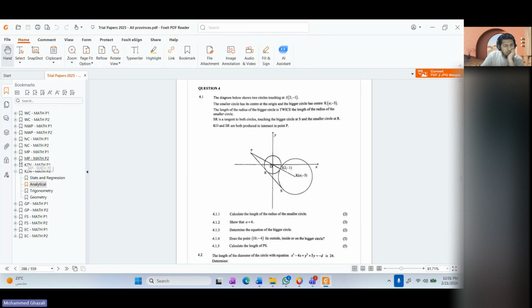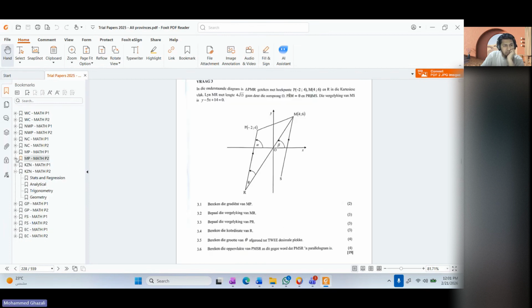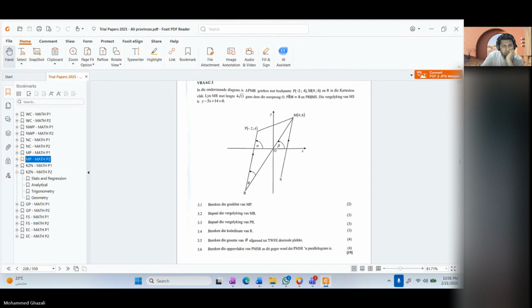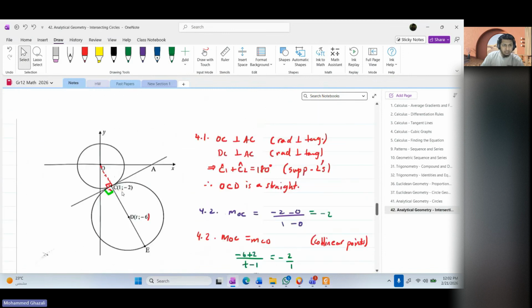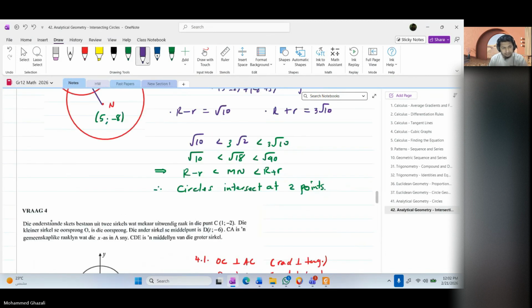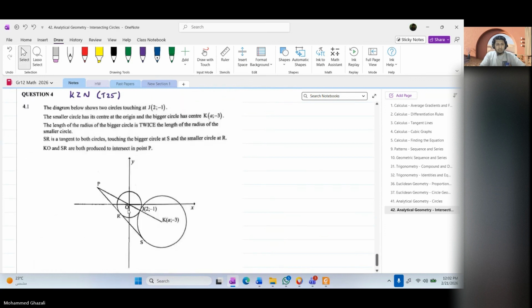The previous question was in MP, it was in the Mpumalanga paper. This is KZN Trials 25. This was MP. Right? And yeah, that's solved.